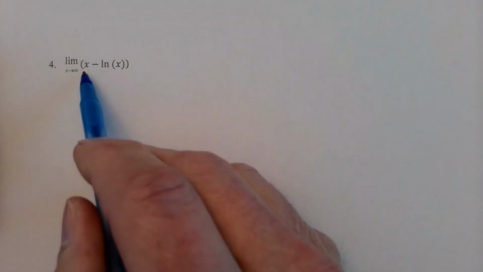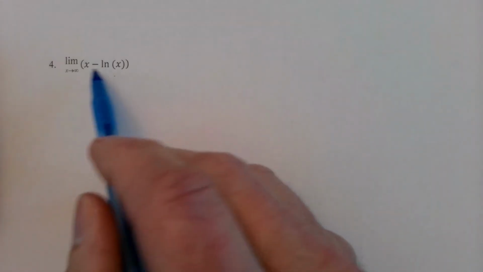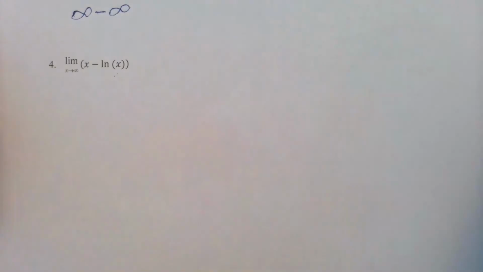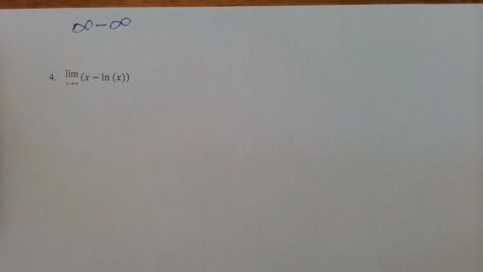All right, here's a problem that has the form infinity minus infinity, right? Infinity here. Natural log of infinity is also infinity. And infinity minus infinity, I promise you, has nothing to do with L'Hopital's rule, unless you can cleverly compel it to have something to do with L'Hopital's rule.